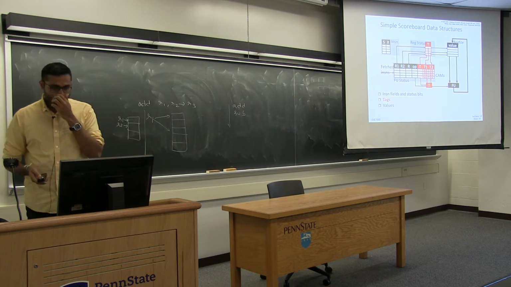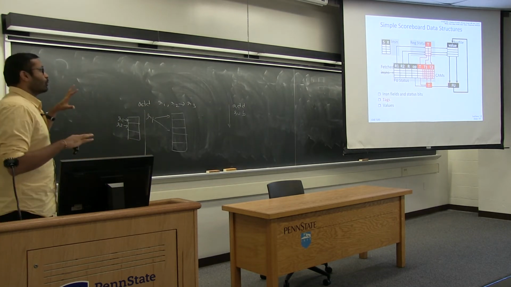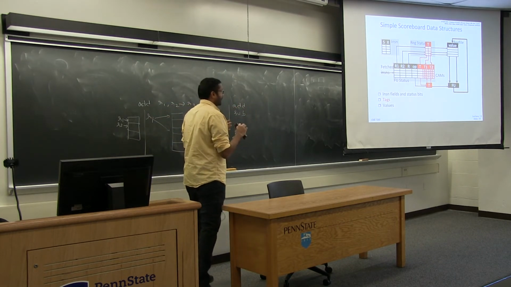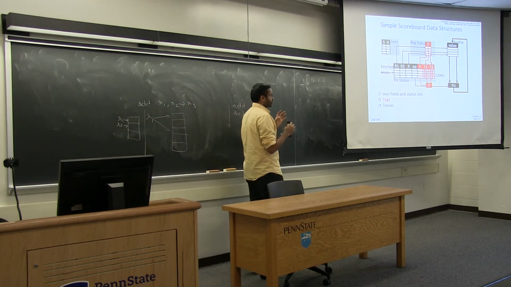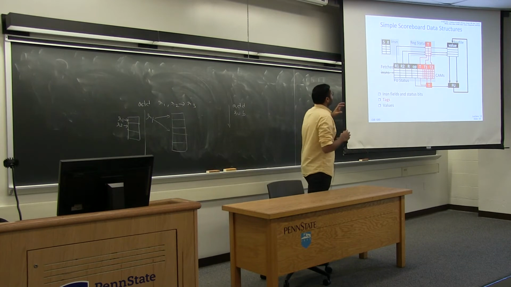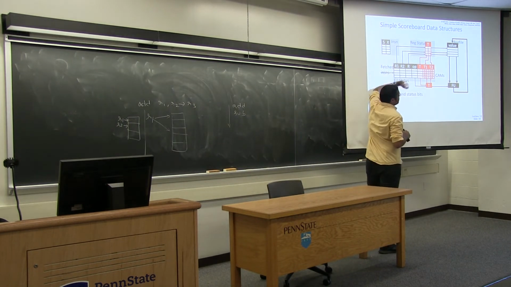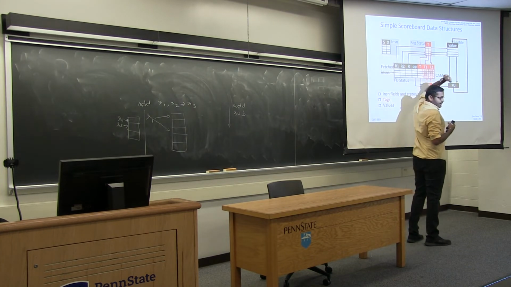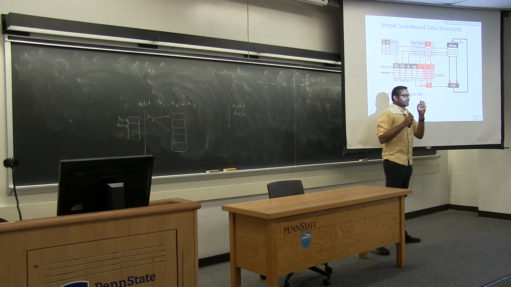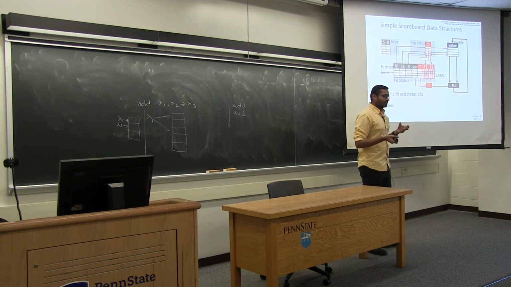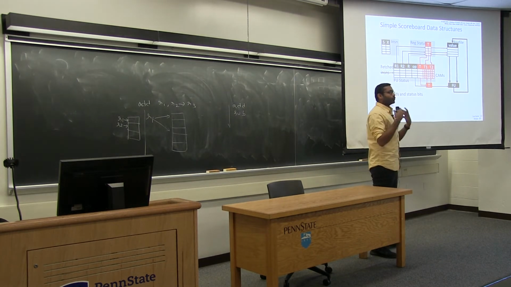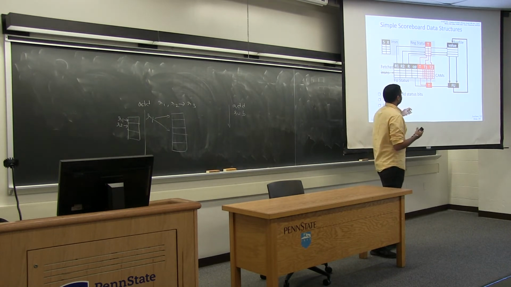Right? Okay, so this is a high-level overview of the pipeline or the structures that we are going to use for dynamic scheduling. So we have an instruction table that maintains the status of these different instructions. We have a register status that tells us for each of the registers that we have in the processor what is the corresponding tag. And the tag value tells us who is going to provide the latest value of that particular register, right?